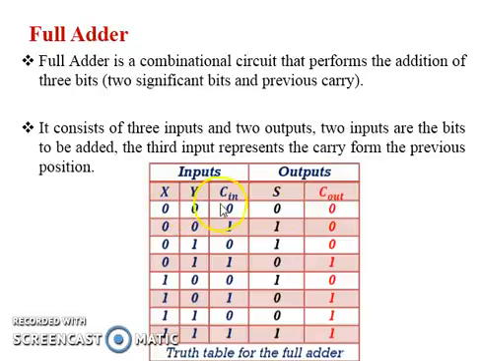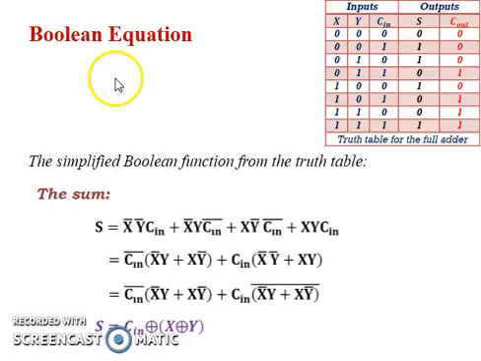Since 3 inputs are there, we have 2 raised to 3, that is 8 possible inputs, and these are their corresponding outputs. So the first step is completed, that is we have constructed the truth table for the full adder circuit. Once we have constructed the truth table, the next step is to develop the Boolean equation.